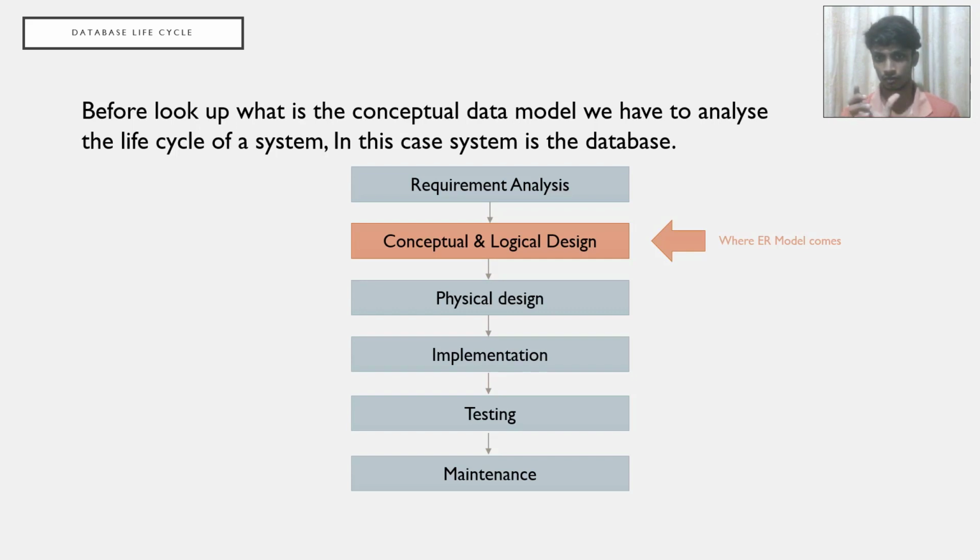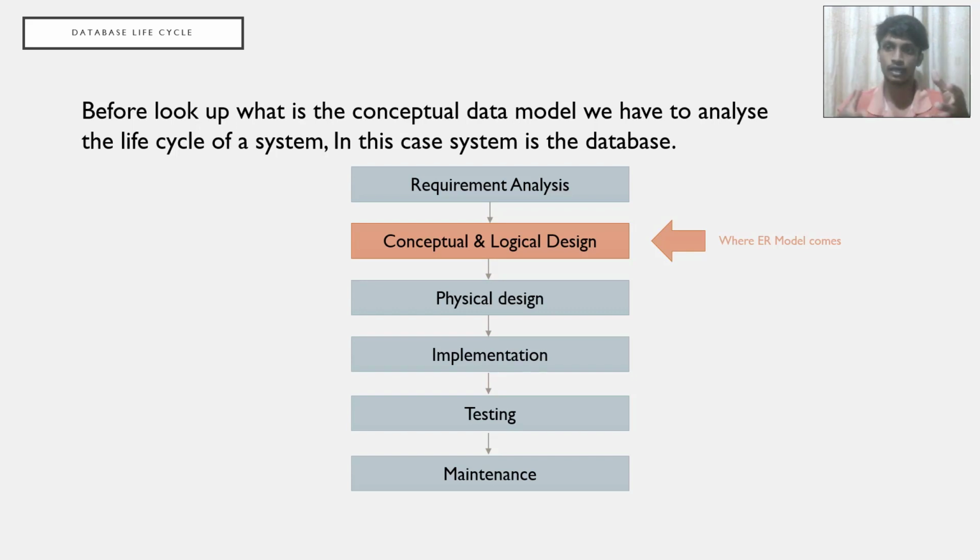What we need to focus on is the second stage, which is the conceptual and logical design, because that's where the ER model comes in. Conceptual means you have to initialize each object that is relevant to the database.